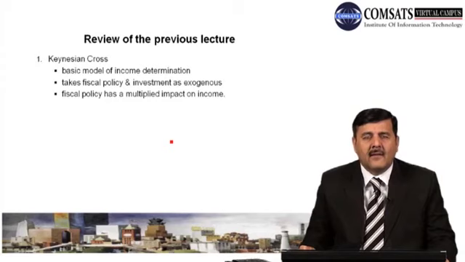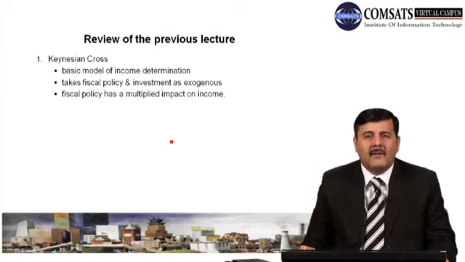By using the Keynesian cross, we said that whenever there is a change in fiscal policy variables, which are G, the government purchases, and T, taxes, there will be a change in the level of income in the economy.